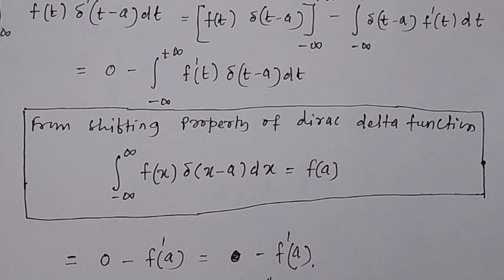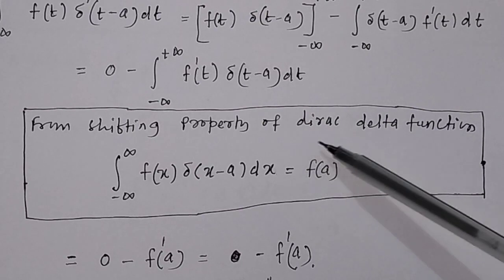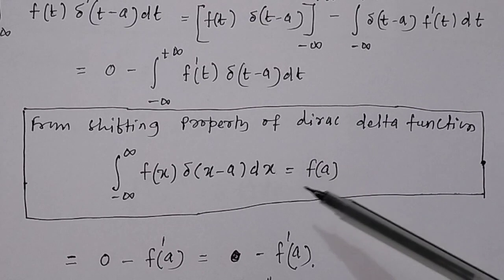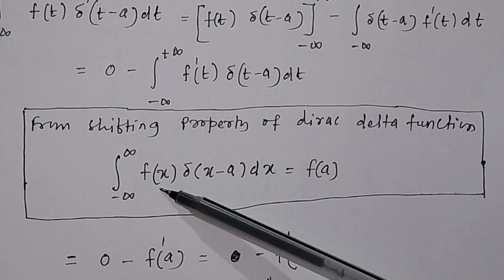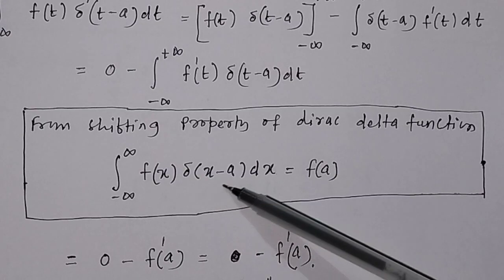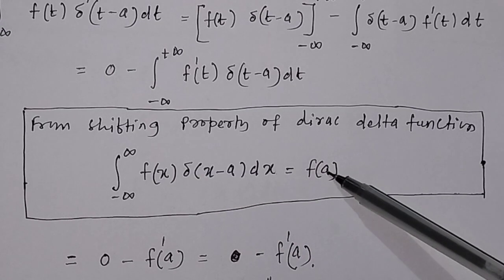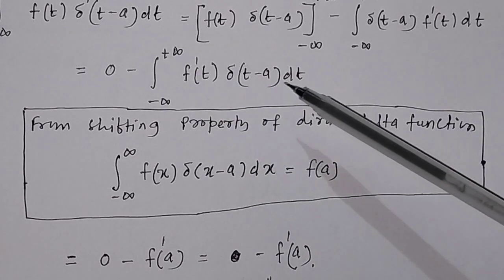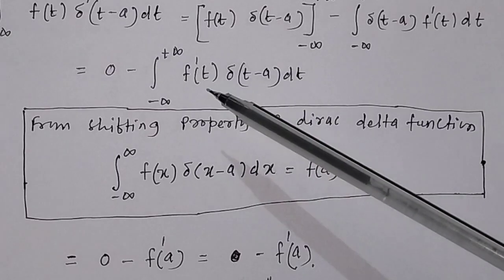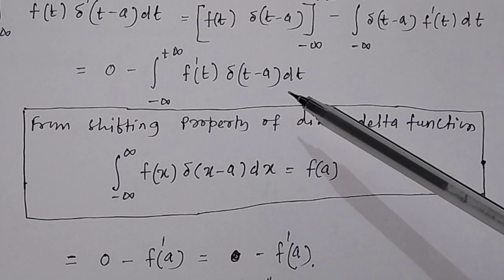Then what you do here, you again use the shifting property of the Dirac delta function. If the value of x is shifted from 0 to a, then from the shifting property, the integration of f(x) delta (x minus a) dx will be equal to f(a). So here you can also use this shifting property. What will be the value of this integral by using the shifting property?